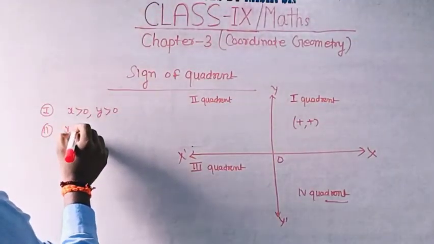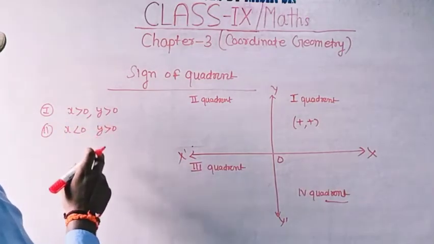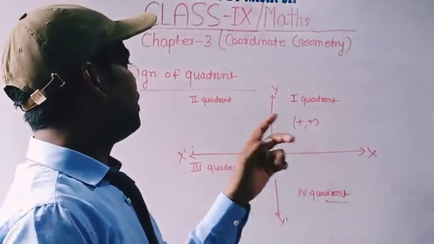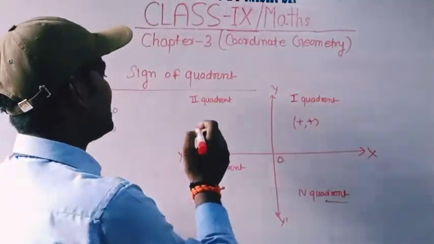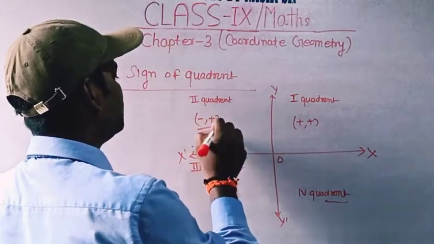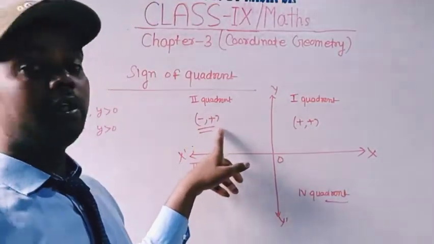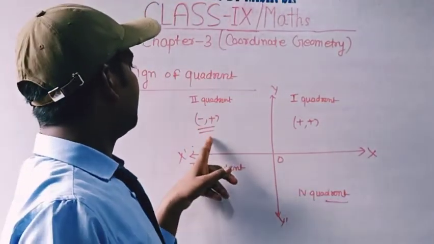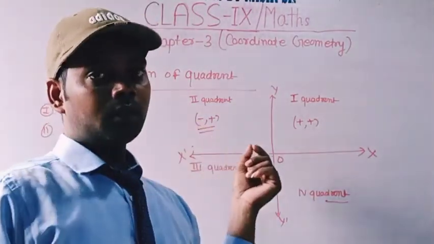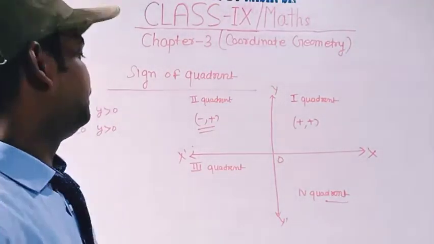If x is less than 0 and y is greater than 0, this represents the second quadrant, and in the second quadrant the sign convention is negative, positive. So negative and positive ordered pairs are represented in the second quadrant.